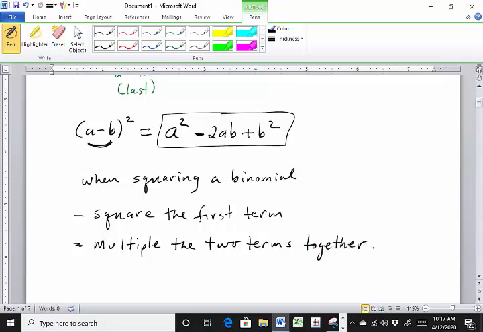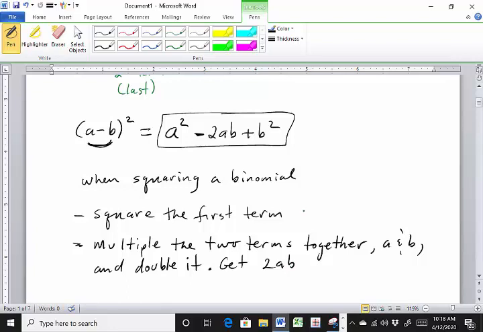Okay, that's the A and the B, all right, and double it. The doubling means you're just multiplying it by 2, okay? And then what you'll get is 2ab, right?